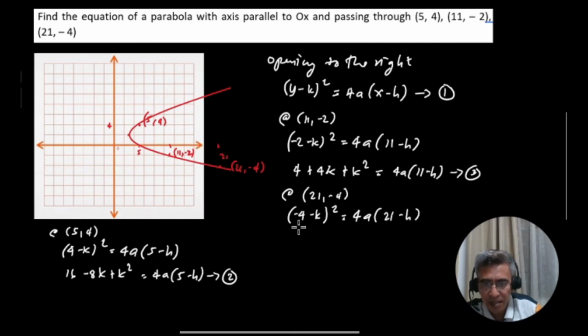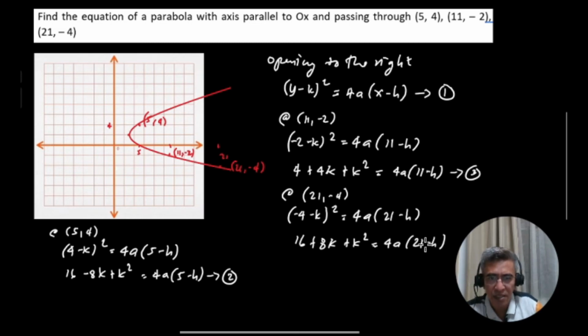And simplify, this is negative 4 times negative 4, that's 16. 2 times negative 4 times negative k, that's positive 8k. And negative k times negative k, that's positive k squared. And it is equal to, just copy 4a times 21 minus h. And this is equation 4.